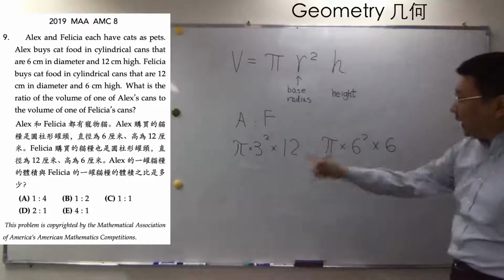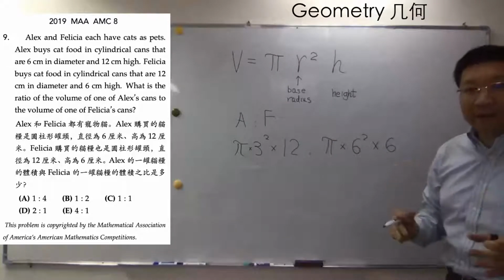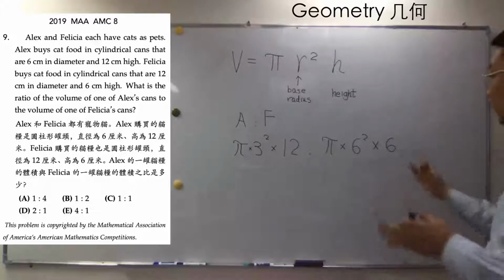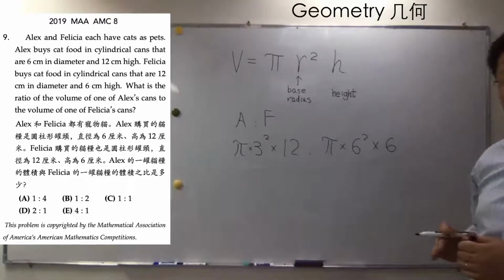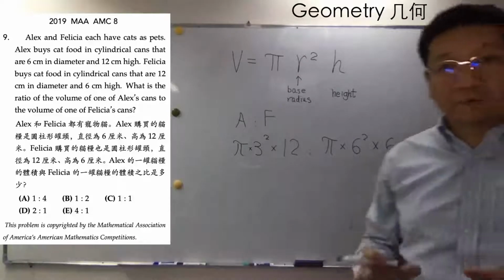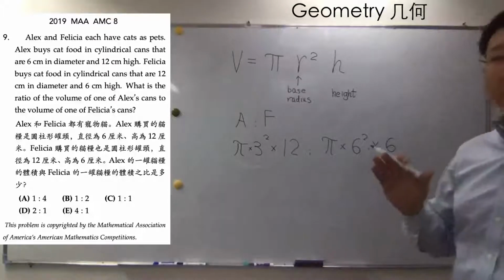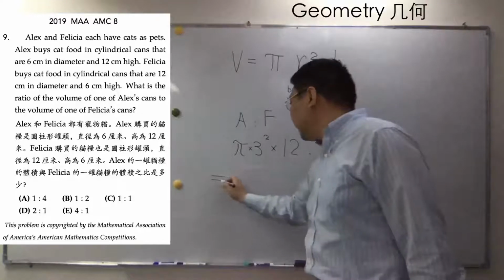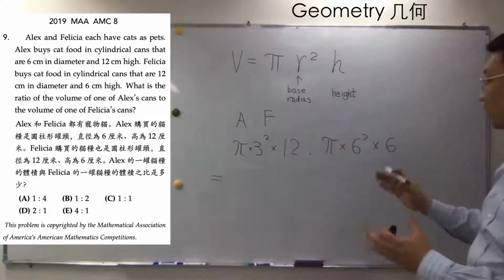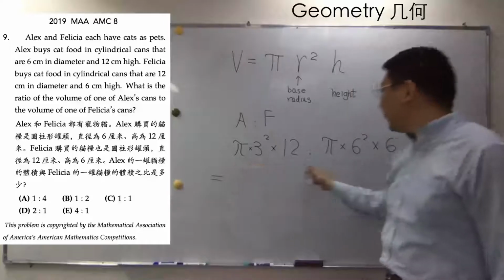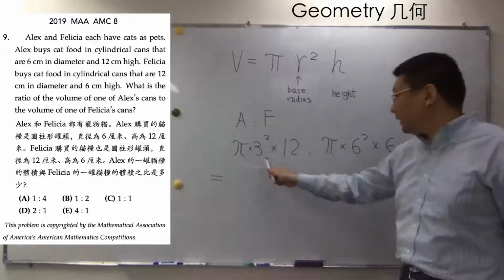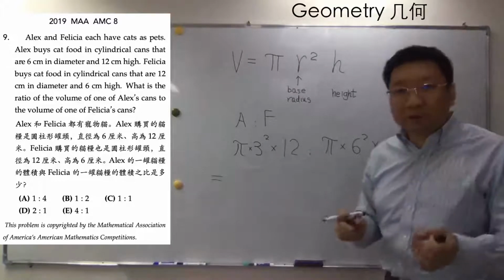Okay, we need to find the ratio. But to calculate things quicker, do not get the 2 products, because it won't be useful and it will only cost you time. What the right thing to do is simplify the ratio. First, you have a pi here and a pi here, so you can ignore them. Second, here is a 3, and that's 6. What is the ratio of 3 to 6?